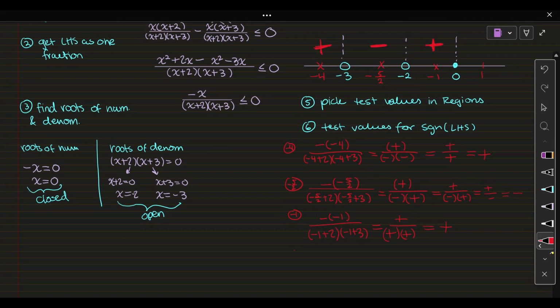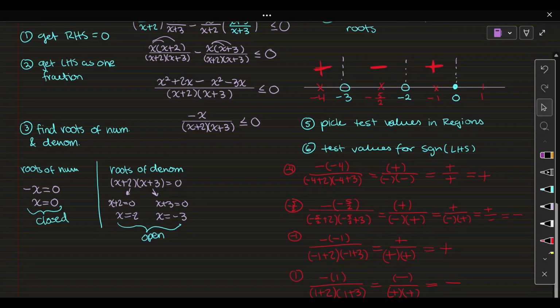And then finally testing +1, we have -1 over 1 plus 2 times 1 plus 3. That gives me a negative number over 1 plus 2 is positive, 1 plus 3 is also positive. So I have a negative over a positive times a positive, which I hope you can see is overall negative. So we're also negative here.